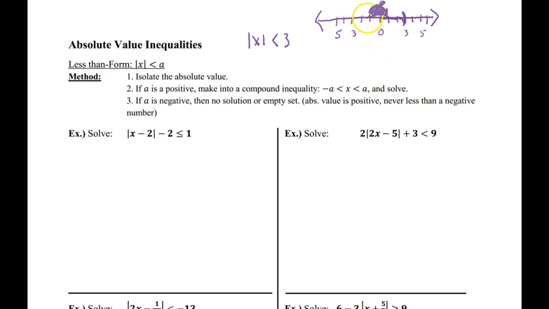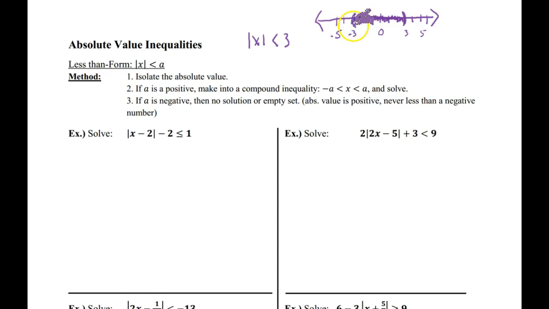Over here, I forgot to put the negatives on, this is negative 3. It is 3 units from 0. Even though it's in the negative direction, the distance itself is 3. Anything between here and 0 would be a distance less than 3. So the solution is everything between negative 3 and 3.